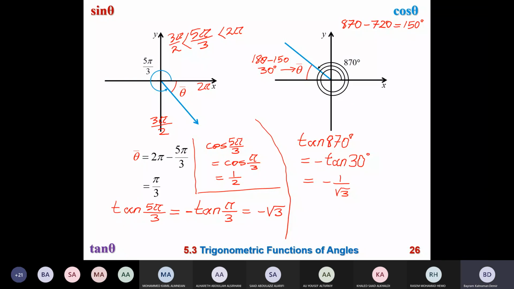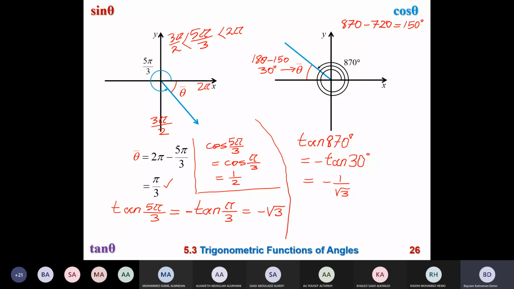Are you guys okay? All right. So if this is clear, how do we find the reference angle? Well, reference angle is 2 pi minus 5 pi over 3, which is pi over 3.